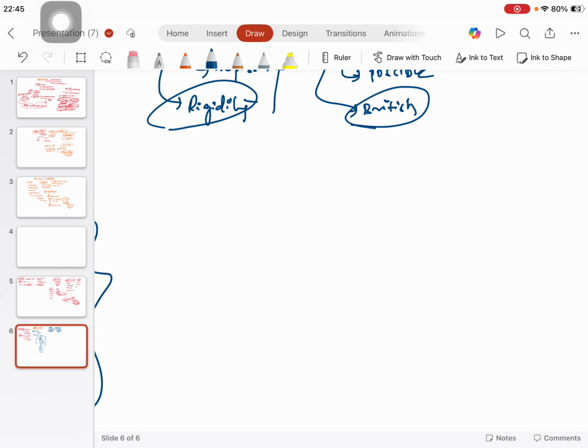There are 3 ways to amend the Indian Constitution. First one is simple majority, more than 50% passed in both the houses.